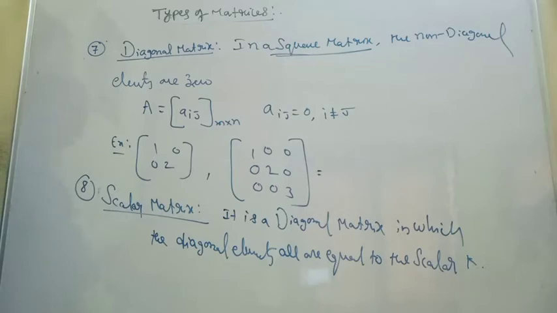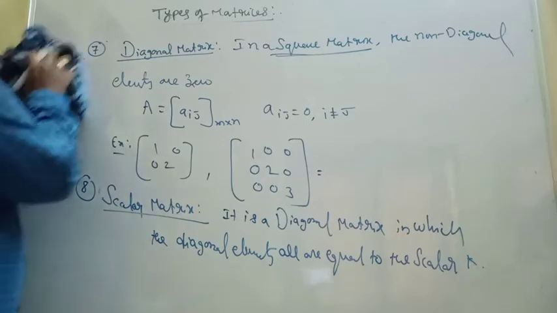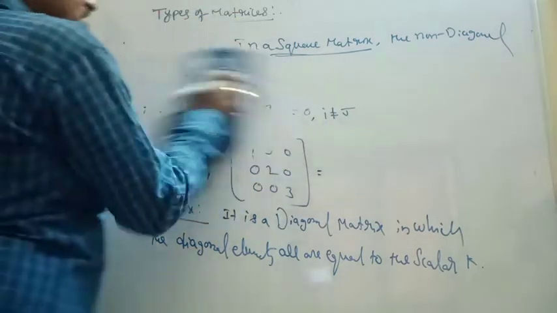Then such a matrix you call a scalar matrix, of course. You see, my dear students, let us give certain beautiful examples for this.